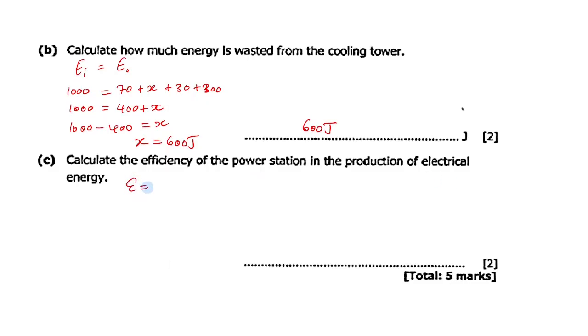So efficiency is given by the efficiency formula: efficiency is equal to energy output over energy input, times 100%.